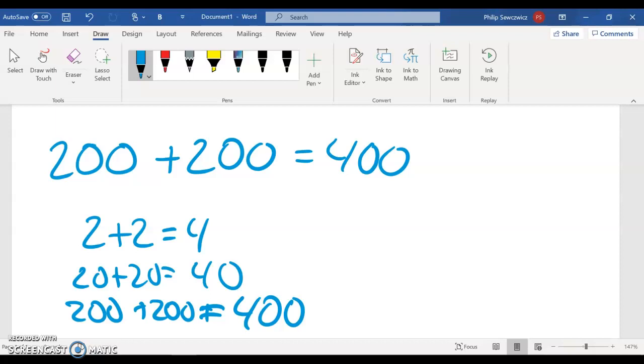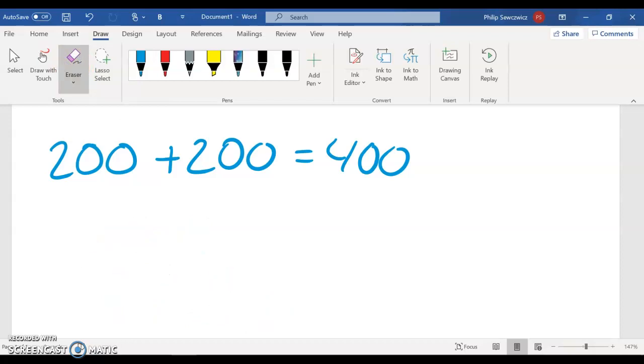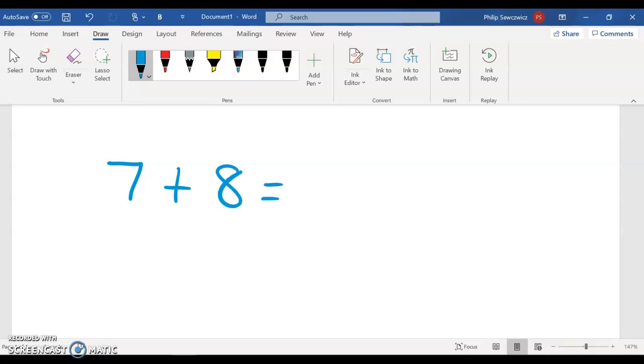Okay, so let's try something else as well. How about let's do another addition problem here. How about if we end up doing 7 plus 8? All right, can you talk me through how you do 7 plus 8? I take away 3 to add it with the 7.